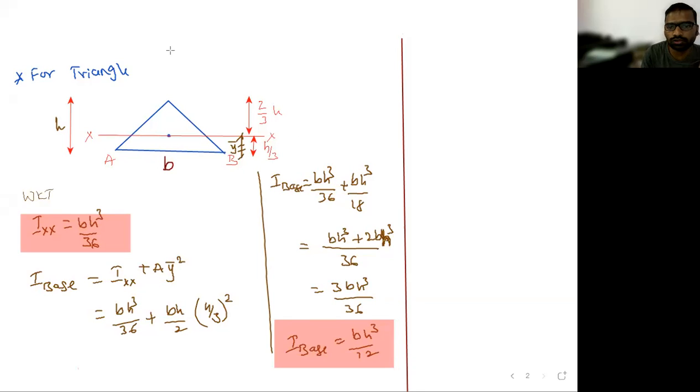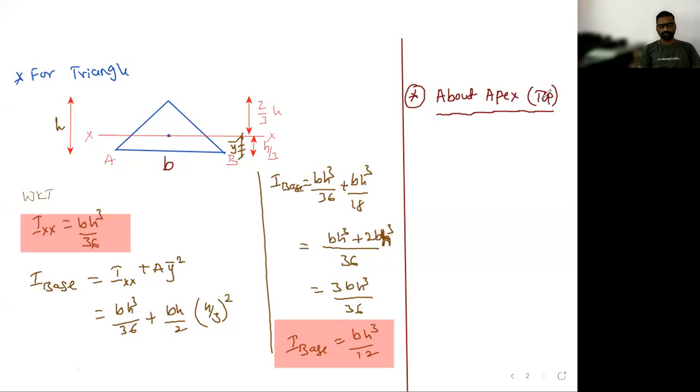Now I will do a small work here only. Determine the moment of inertia about the apex. About apex. Apex means top. Calculate all of it. I will give 2-3 minutes.